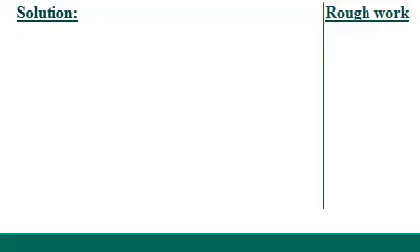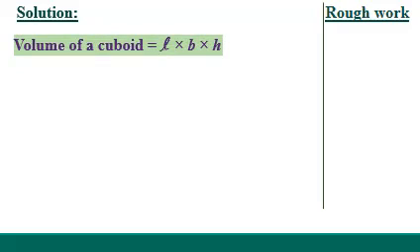Firstly, we are going to find out the volume of cuboid, for which we are going to use its formula. And we know that volume of a cuboid is equals to the product of length, breadth, and height.